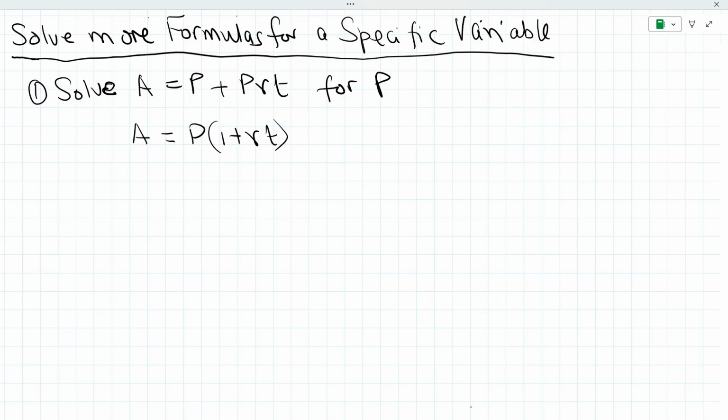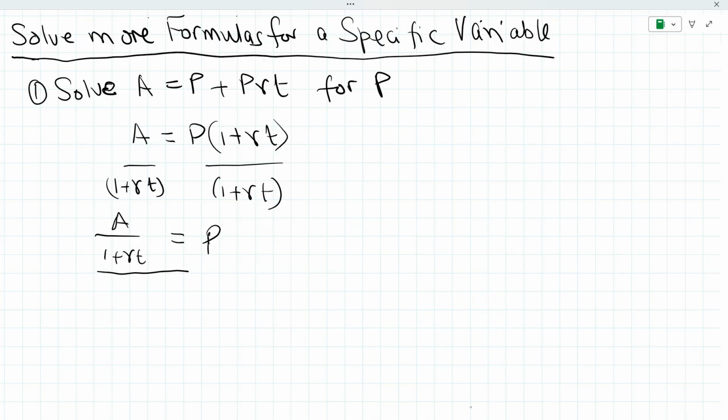Next, we then divide everywhere by 1 plus RT. So this leaves us with P on the right-hand side. And then on the left-hand side, we have A over 1 plus RT. And that will be our final answer.